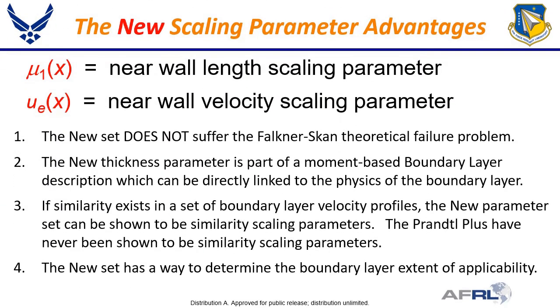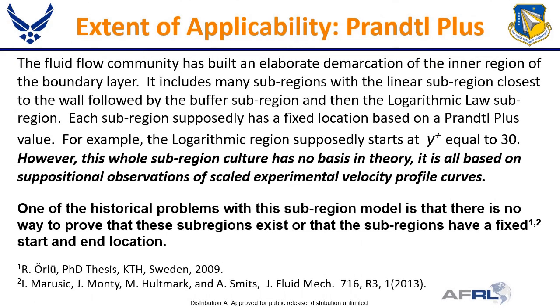Okay, we are not yet done with the advantages of the new parameter set. The question of what part of the boundary layer the parameter sets work is very important, since we are dealing with partial profile similarity instead of whole profile similarity for the turbulent boundary layer case. So, consider the Prandtl Plus parameters. The fluid flow community has built an elaborate conceptual map of the inner region of the turbulent boundary layer velocity profile.